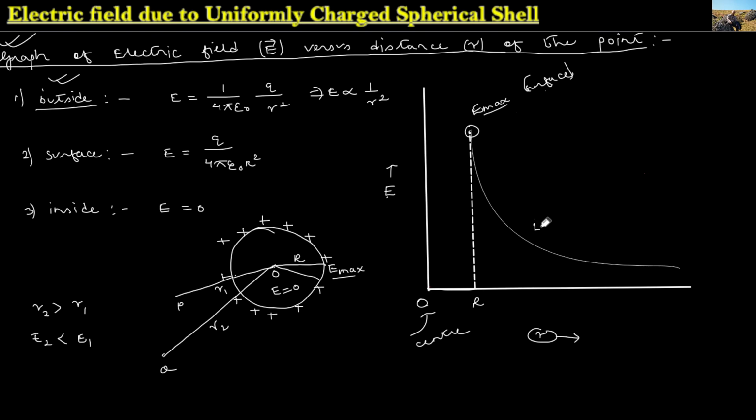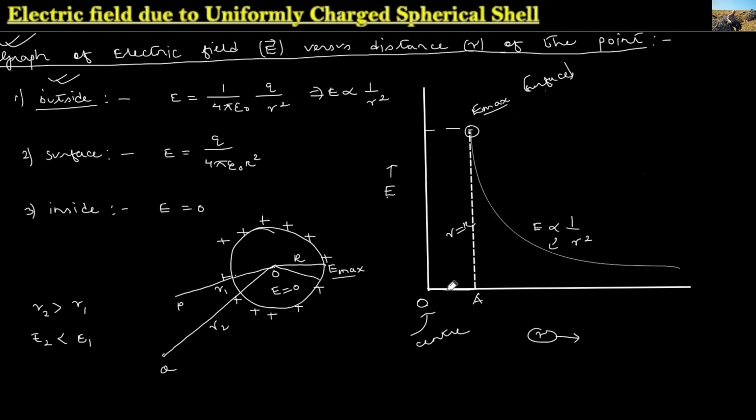Graphs which are inversely proportional to R square look like this. Suppose I mark this point as point A. At this particular point, the electric field will be maximum. This is the point corresponding to R equal to capital R.